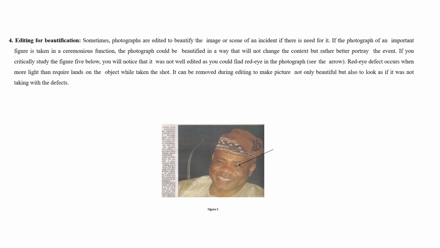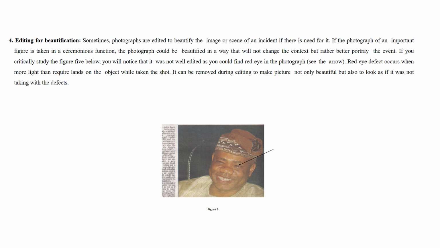Next is editing for beautification. Sometimes photographs are edited to beautify the images or scene of the incident if there is need for it. If the photograph of an important figure is taken at a ceremonious function, the photograph could be beautified in a way that will not change the context but rather better portray the event.